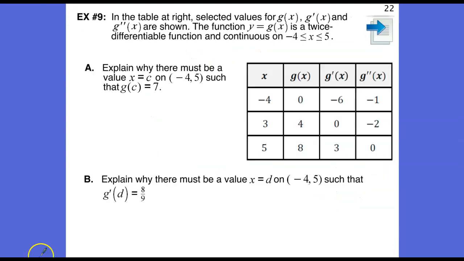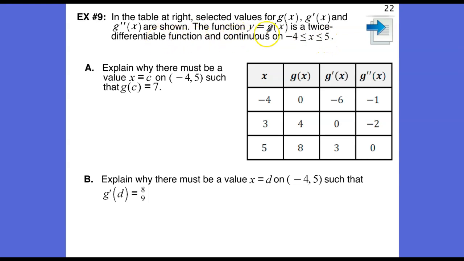In example 9, we're told in the table at right, selected values for g of x, g prime of x, and g double prime of x are shown. The function y equals g of x is a twice differentiable function, and it goes without saying, but they said it anyway, continuous on -4 less than or equal to x less than or equal to 5.